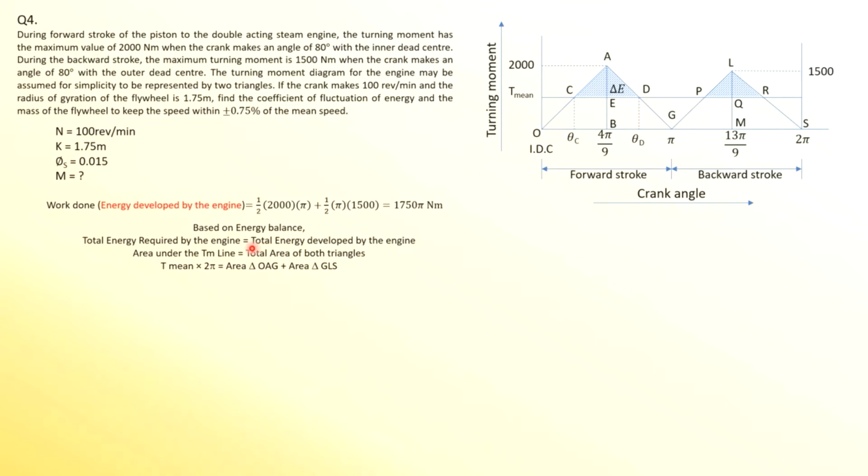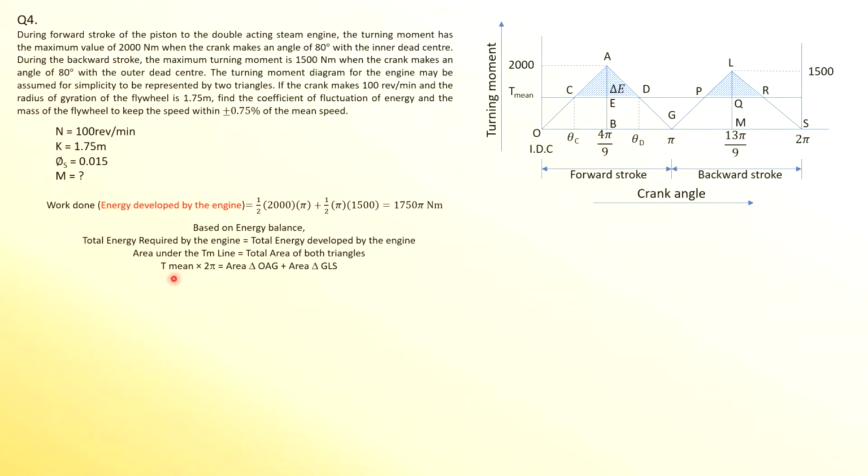Then it must equate to the total energy developed by the engine, which we found earlier, and that is equal to the total area of both the triangles. So you need to find the total area of the rectangle and equate it to the area of both triangles.